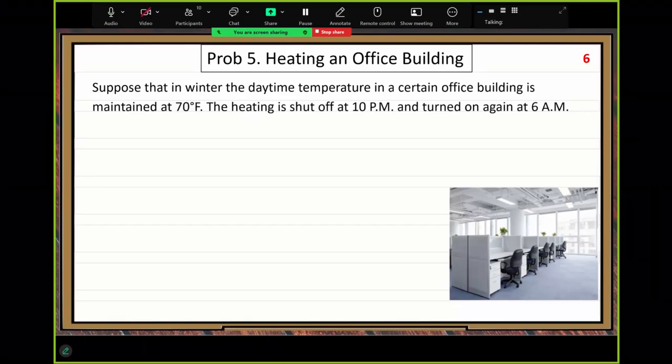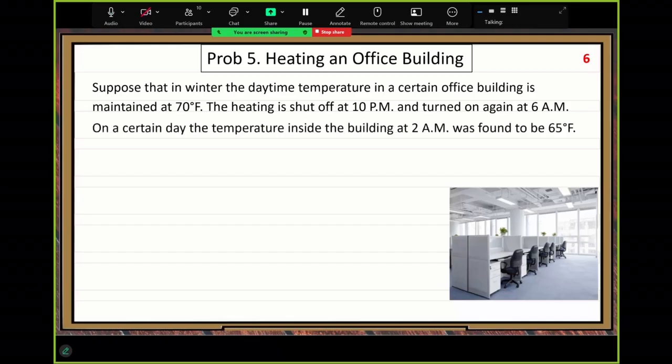The heating is shut off at 10 p.m. and turned on again at 6 a.m. On a certain day, the temperature inside the building at 2 a.m. is 65 degrees F.